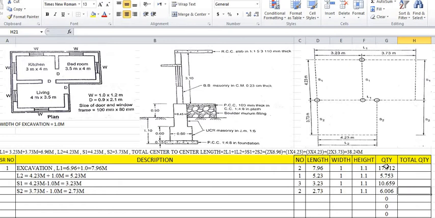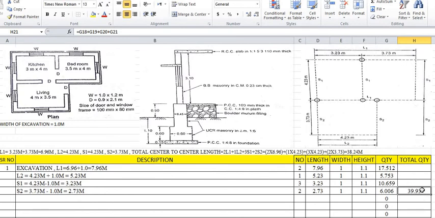After that we have to calculate the total quantity. So we write here the total quantity. We have added 17.512, 5.753, 10.659 and 6, and the quantity comes to 39.93.